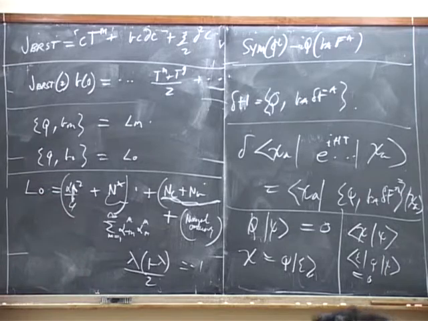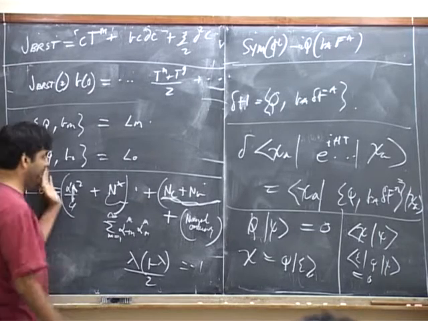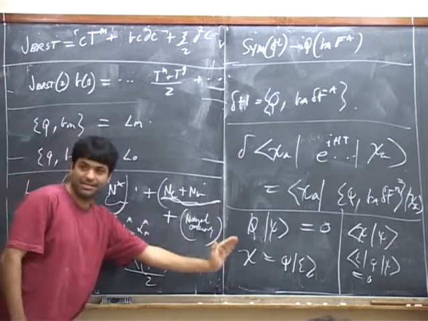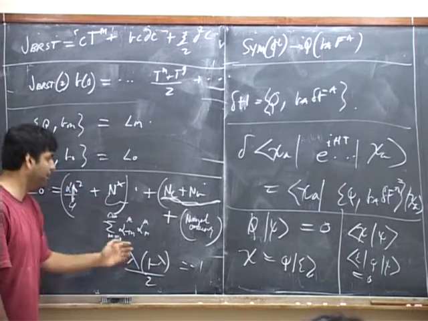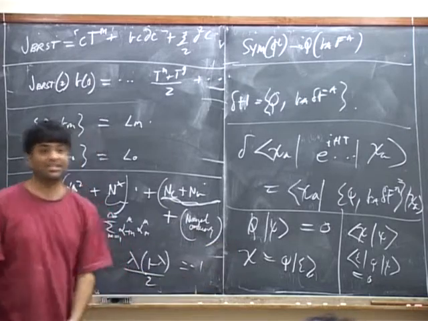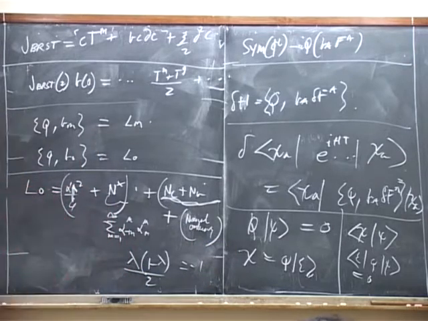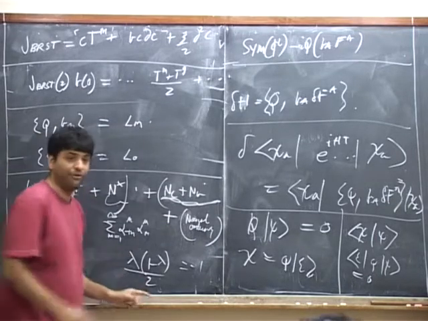And if you take L0 and rewrite it in terms of oscillators which are normal ordered, so in terms of these number operators plus a constant, there's an additional minus 1, which comes from the zero mode of this business.